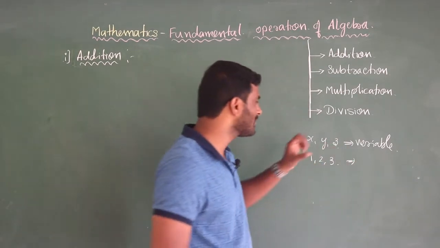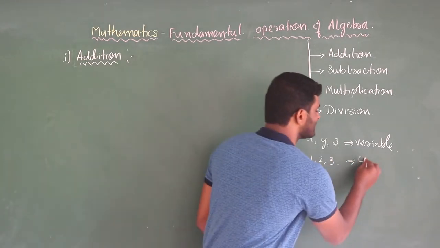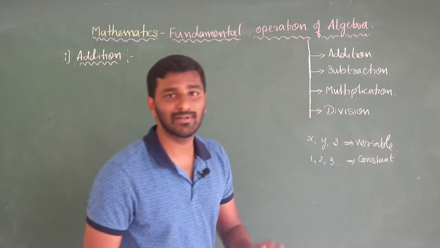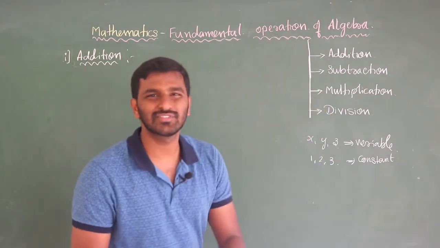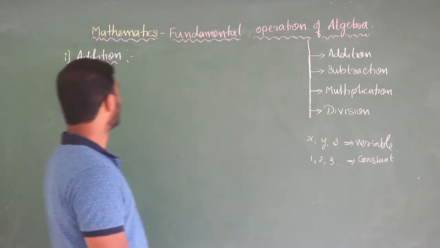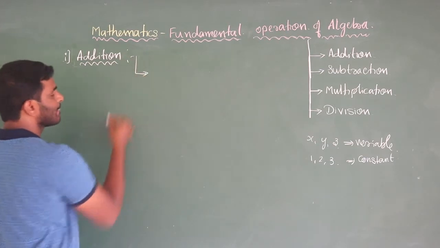And 1, 2, 3, 4, 5 are constants, those are numbers.